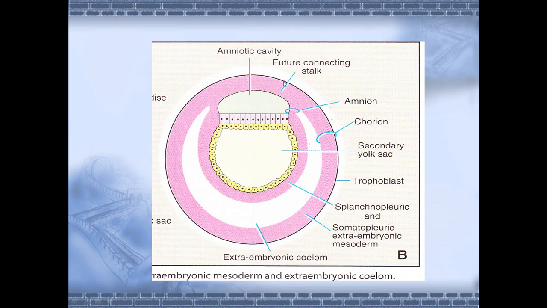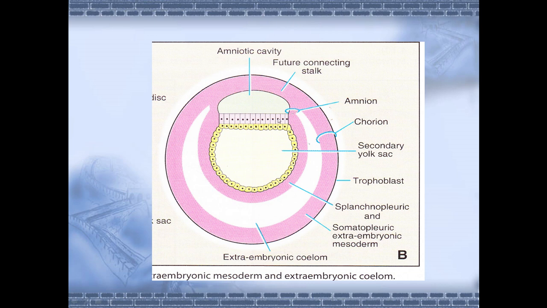Here is the area of the connecting stalk where the coelom is not reaching. It is the unsplit part of the extraembryonic mesoderm. Then is the chorion. Chorion means the parietal or the somatopleuric extraembryonic mesoderm plus trophoblast. That forms the chorion.